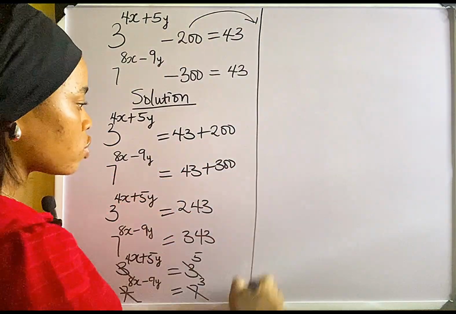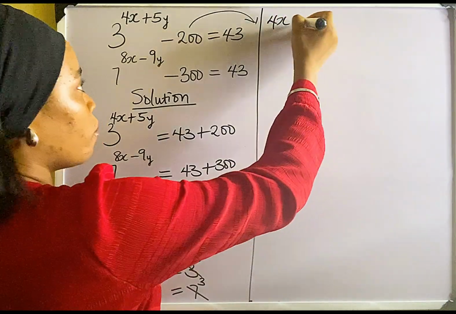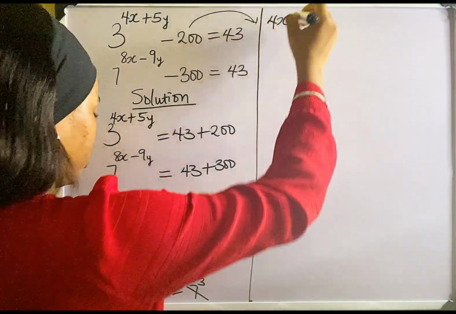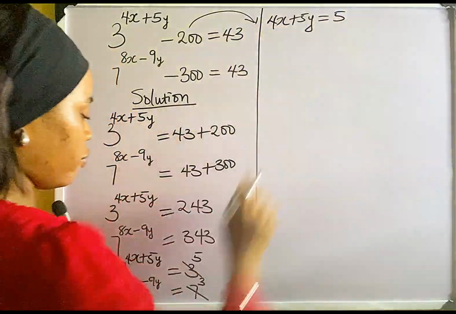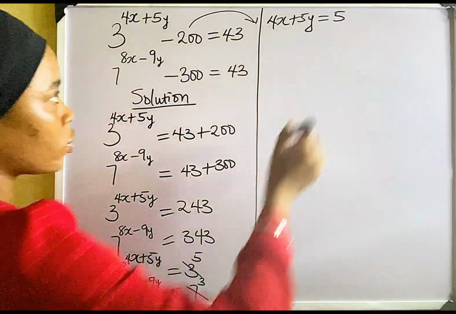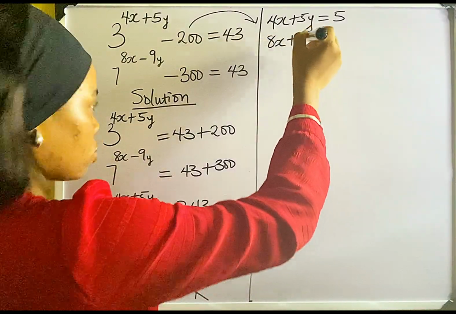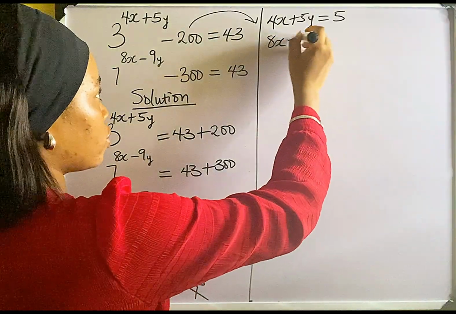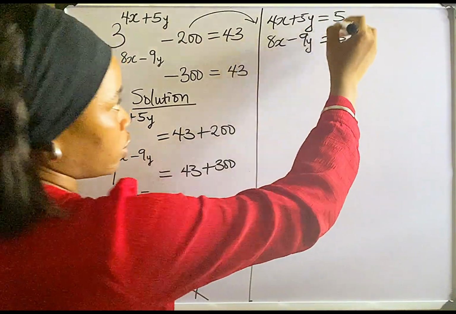So this gives us 4x plus 5y equals 5. And then we have 8x minus 9y equals 3.